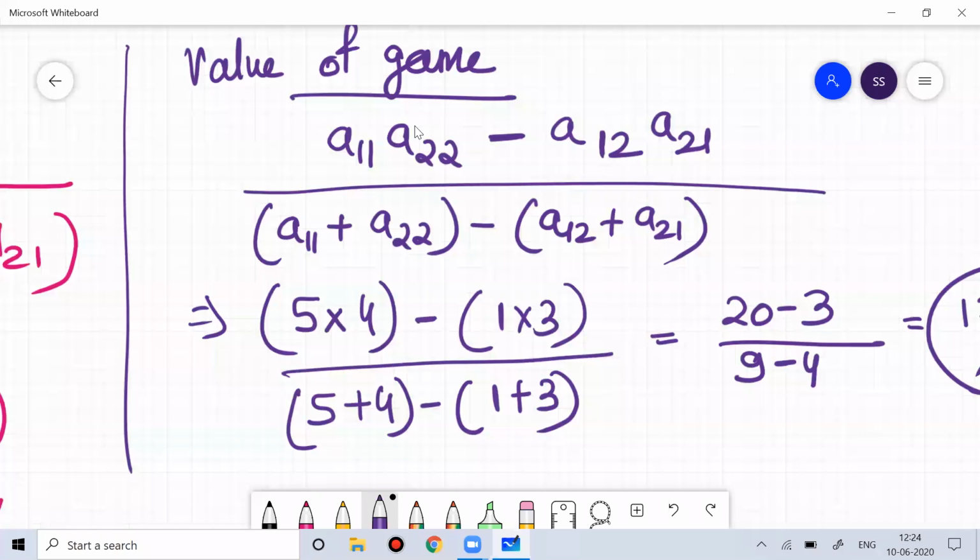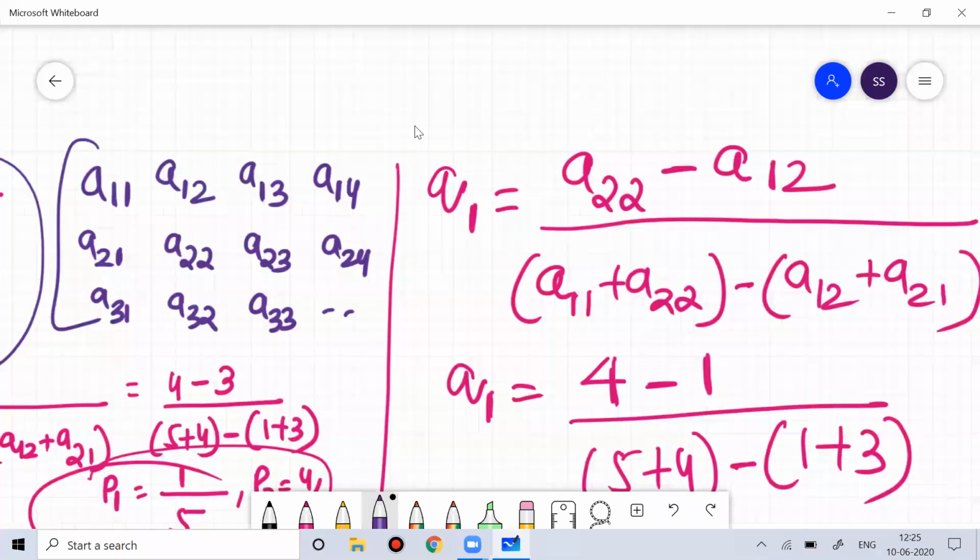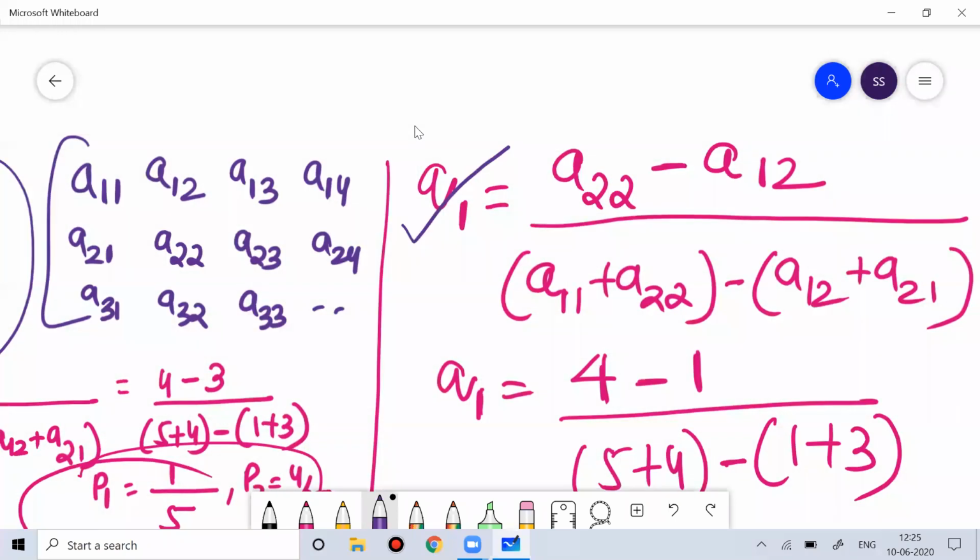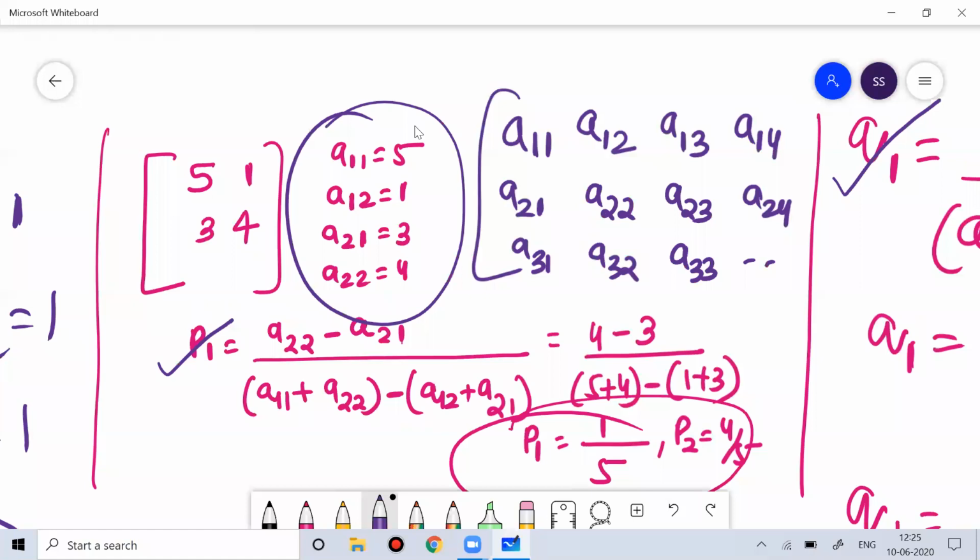This is the formula to determine the probability of Q, and this is the formula to determine the probability of P. You can determine the value of game from the perspective of P, or from the perspective of Q. Anyhow you do it, you will get the same answer. Your answer will not change because of that.